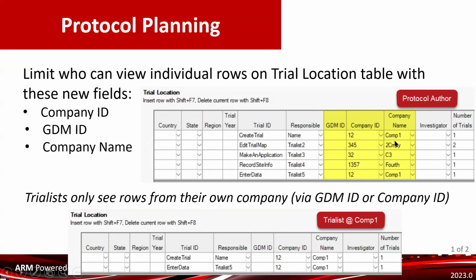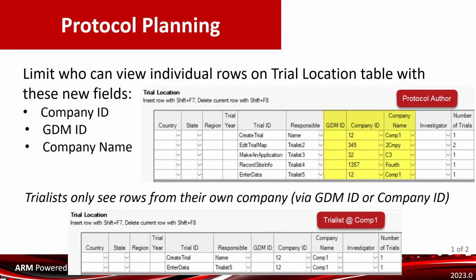So for example, I've got just a bunch of made up IDs and made up companies, but let's say company 1, I have an individual from there, and you'll notice that the first and the last trial are both assigned to them, but the 3 in the middle are not. Since I filled all of this in, when I send this protocol to the trialist that's in company 1, this is all they see.